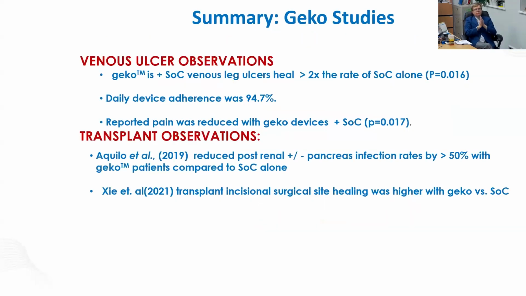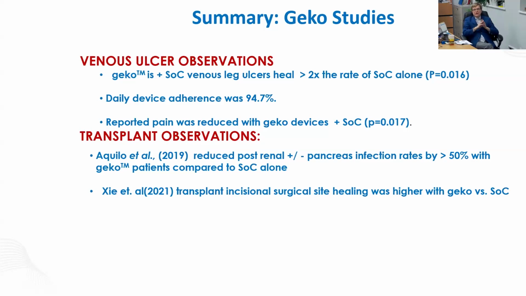And venous ulcer operation, that they healed at 2 times the rate of standard care alone. And it's interesting, the increased trajectory increased even after week 8. Daily device adherence was 94.7%, didn't interfere with activities of daily life, and reported pain was reduced with the Gecko.